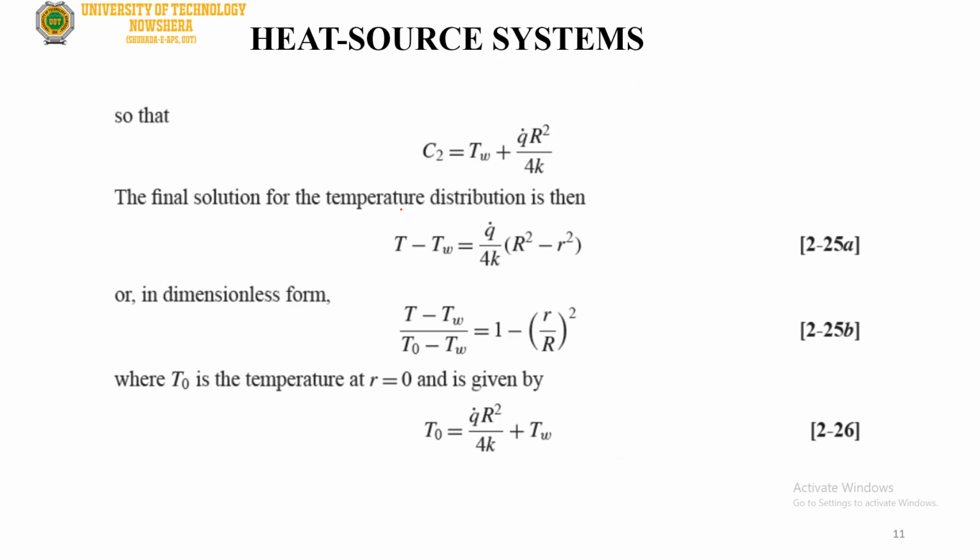So in other words, we have found the value of arbitrary constant C2, which is equal to Tw plus Q dot R square divided by 4K.